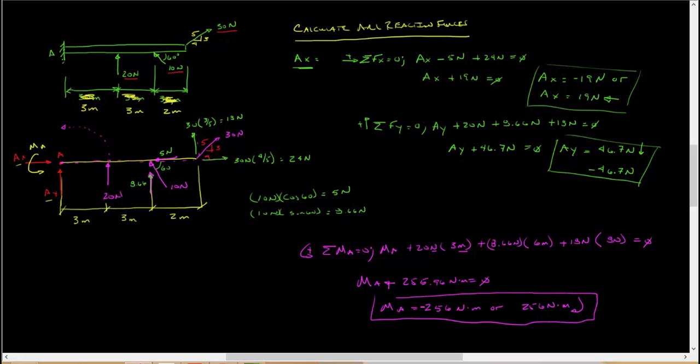So remember, when you're taking your moment, it's always about the perpendicular distance. So this 5 newtons going through that point has no perpendicular distance, and neither does this 30 newtons times 24, which is 24 newtons in the x direction, also goes through point A, which has no perpendicular distance.